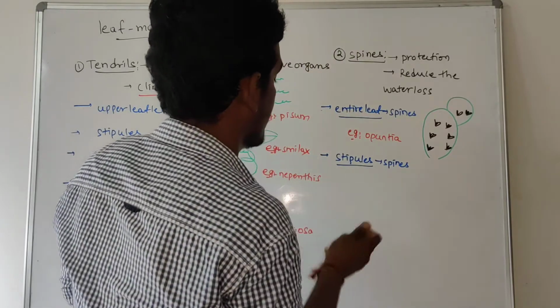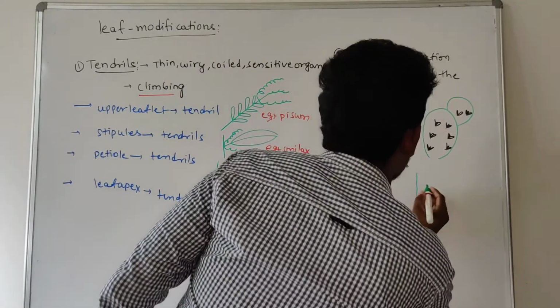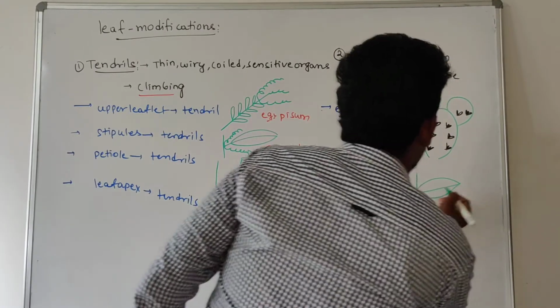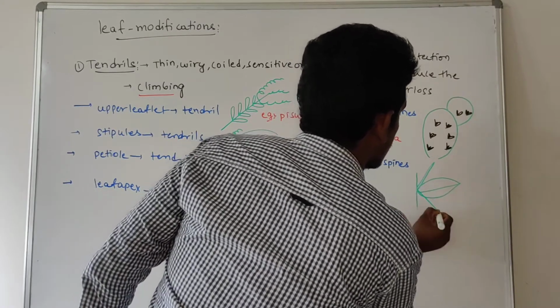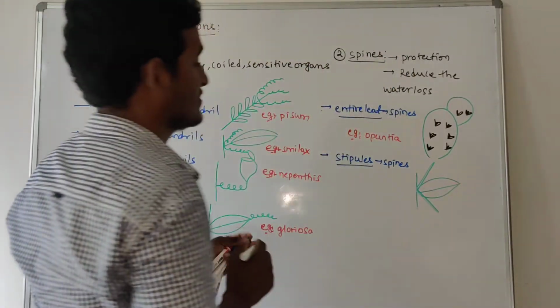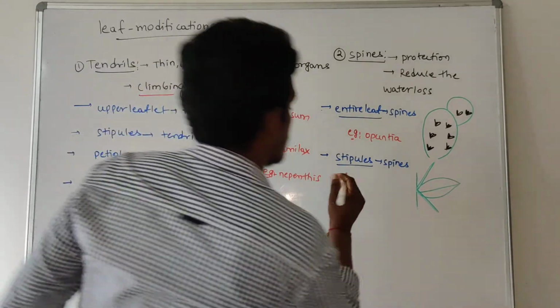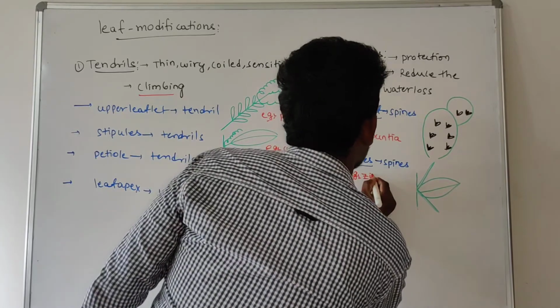If we see the plant, it is about a leaf. Here the stipules are modified into spines, right? The example for this one is Zizyphus.